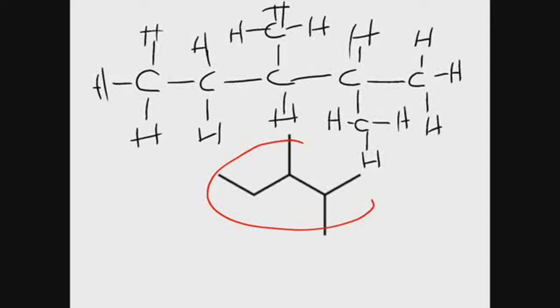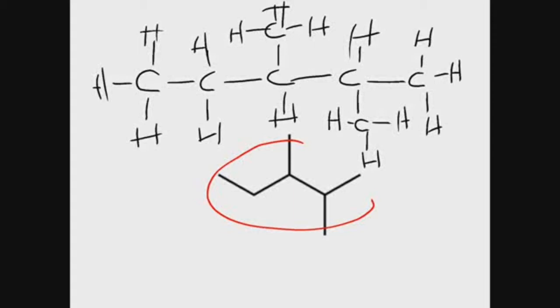Now let's take a critical look at how we are going to identify this compound with all its branches. So rule number one in naming compounds that are branched is, first of all, you have to take the side with the longest continuous chain. Like, for example, it could be this.